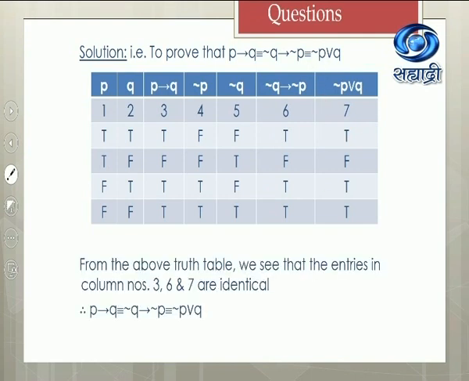So in the third, sixth and seventh columns, you can see the entries are true, false, true, true. Not even one entry differs. So from these, we conclude that the three statement patterns are logically equivalent. When these questions come, compulsorily make sure that you are numbering the columns so that you can easily identify them and then write down the answer.